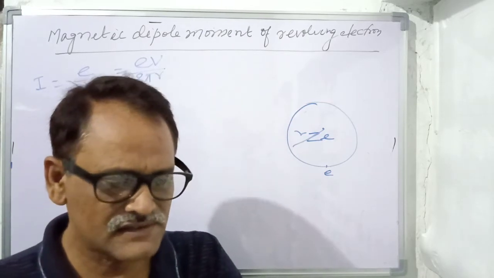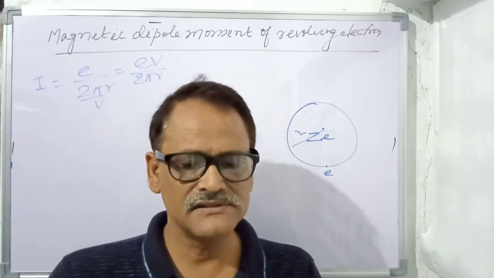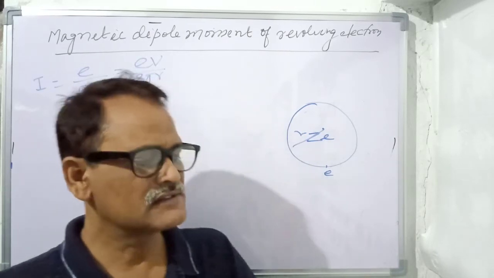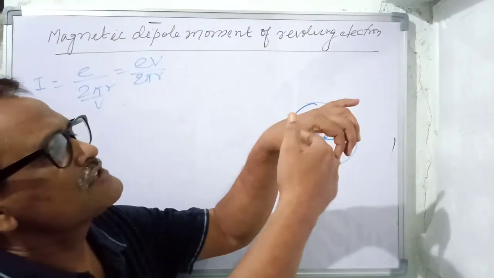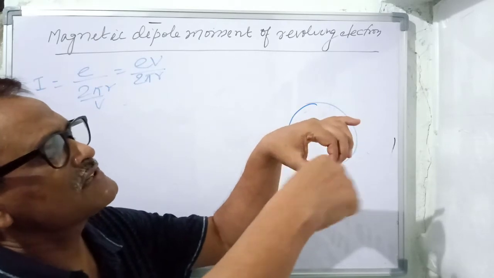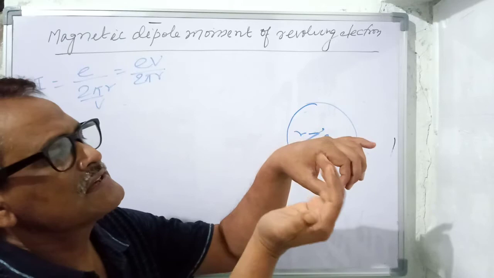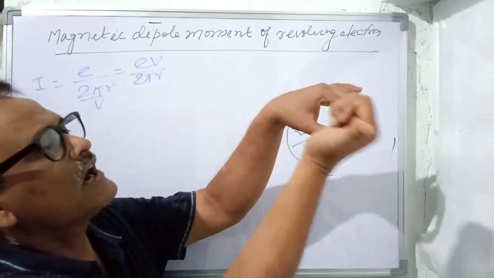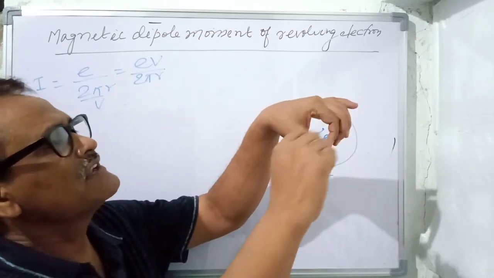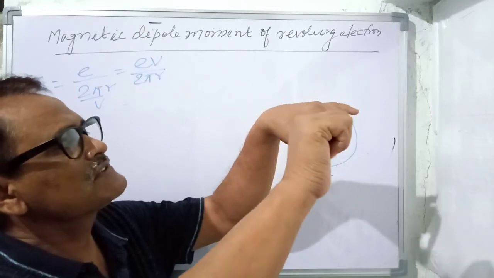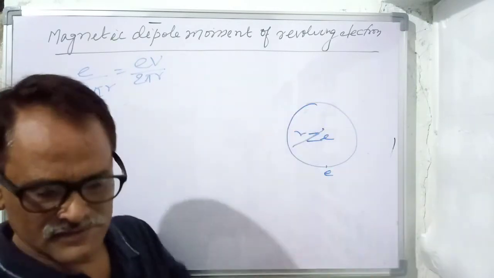The area vector is defined as per the direction of the electric current. Suppose the electric current is moving in anti-clockwise direction when looking from this side, then the direction of the area vector is outward, and if the current is moving in clockwise direction, this is the area vector.